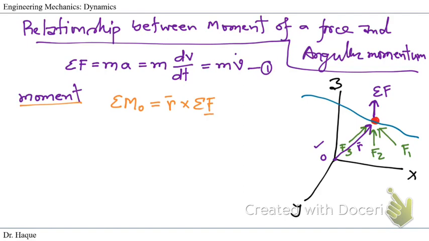Now in the next step, we look back at the previous equation: summation of force equals m v dot. So that's what we're going to replace here. MO equals r cross m v dot.